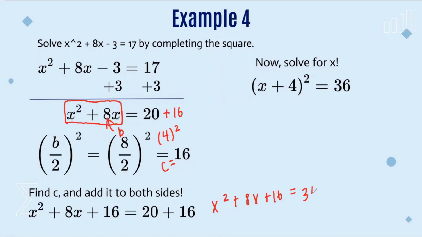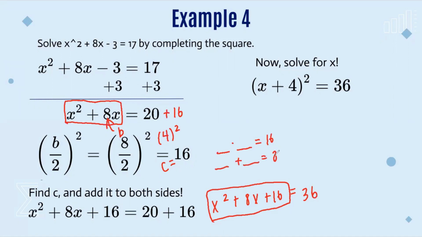And now you want to factor your trinomial right here, x squared plus 8x plus 16. The way you would do that is you want to find two numbers that multiply to positive 16, two numbers that add to positive 8, and they should both be the same number.